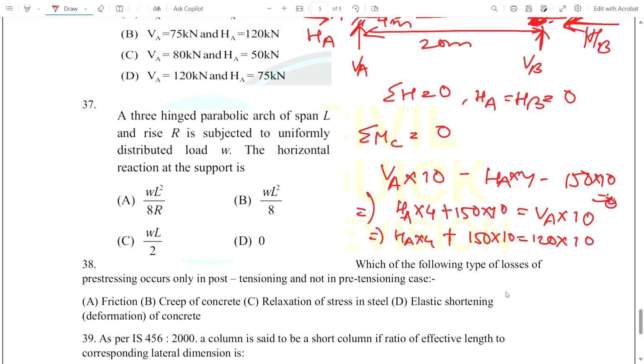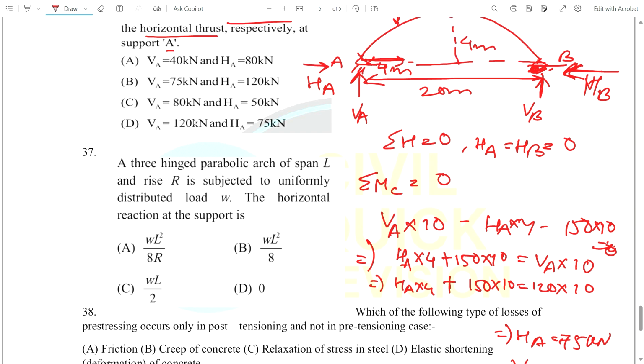If we calculate this, we get HA as 75 kilonewton and VA as 120 kilonewton. You can see from the options VA is 120 and HA is 70. Option D is the correct answer.